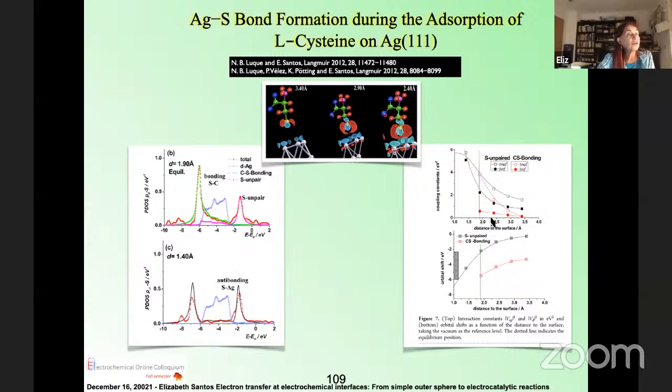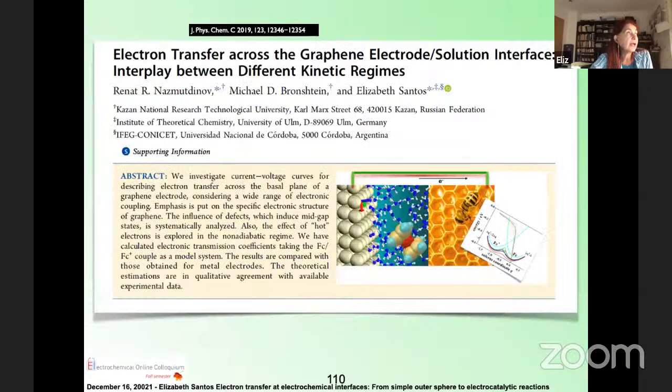We can also calculate the coupling constants between these different orbitals. But we see that when the systems are more and more complicated, we have more and more atoms and orbitals involved, and that makes the calculation more difficult.